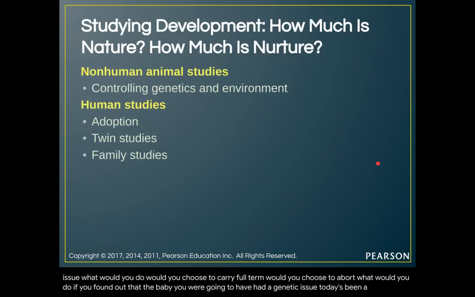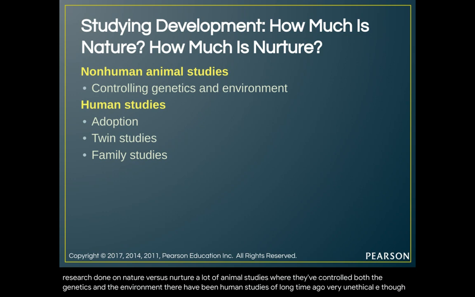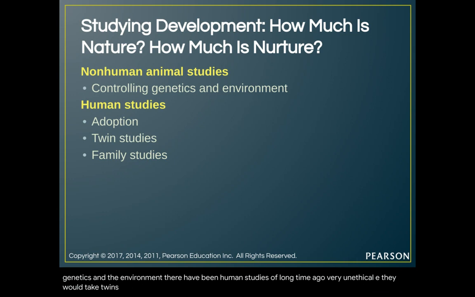So there's been a lot of research done on nature versus nurture. A lot of animal studies where they've controlled both the genetics and the environment. There have been human studies a long time ago, very unethically. They would take twins and separate them on purpose to raise them in different areas to see if genetics was stronger or nurture was stronger.